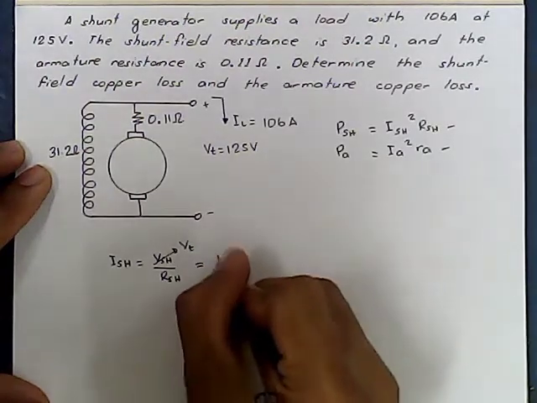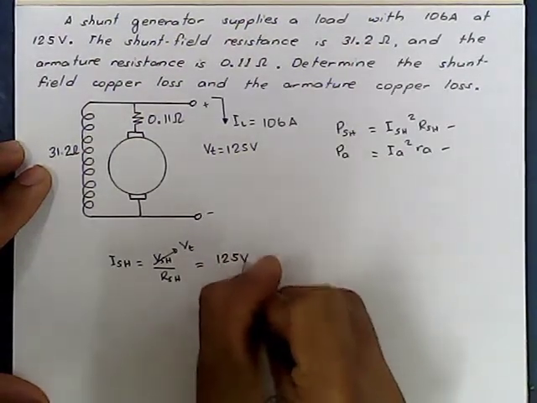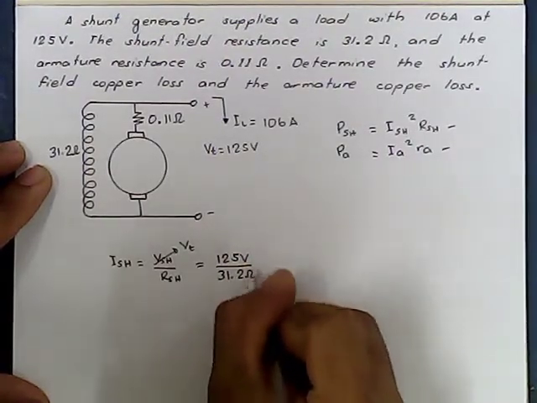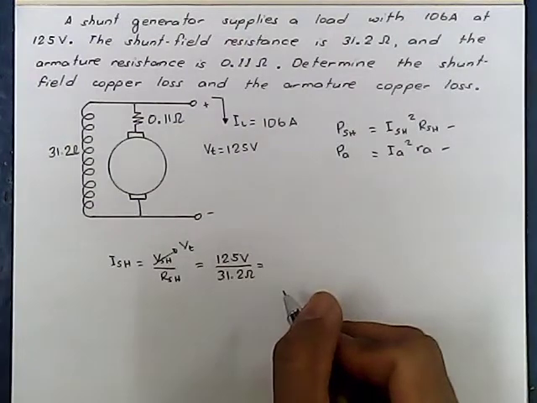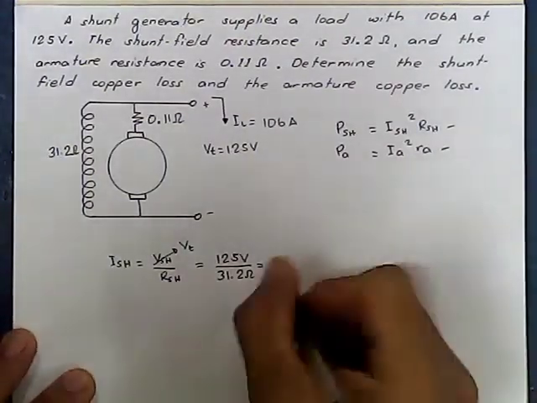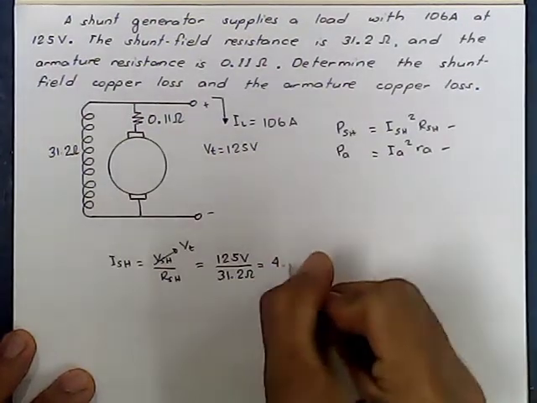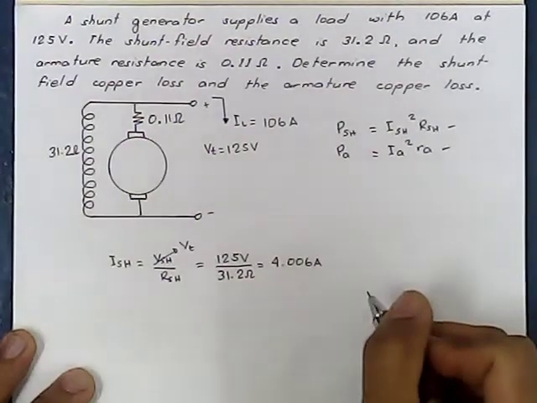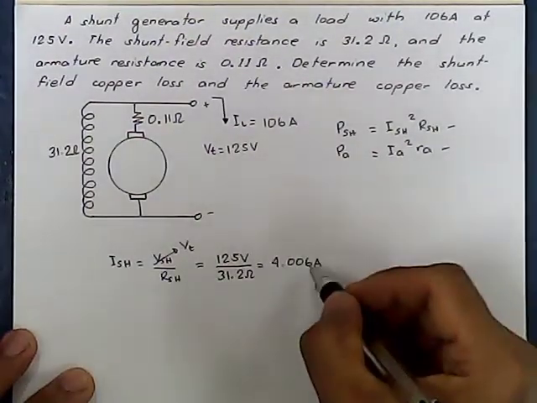Therefore, we have 125 volts. Divide that by 31.2 ohms. 125 divide this by 31.2 ohms is 4.006 amperes. Substitute natin ito dito.